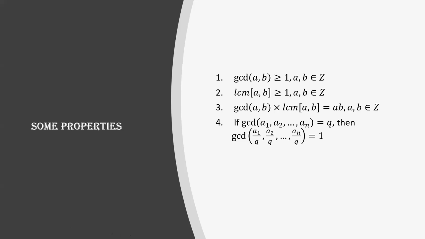And X1 is A1 divided by Q, X2 is A2 divided by Q, up till Xn is An divided by Q. As the GCD of X1 up to Xn is 1, therefore the GCD of A1 by Q, A2 by Q, up till An by Q is 1. Correct. Very good. So Tanmay has given the correct answer for problem number 4.